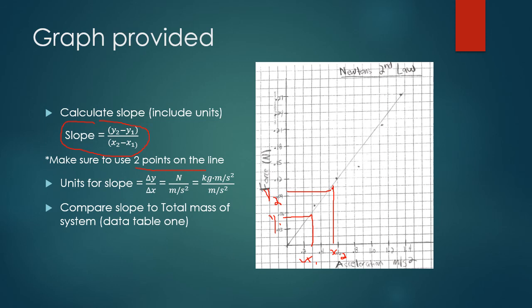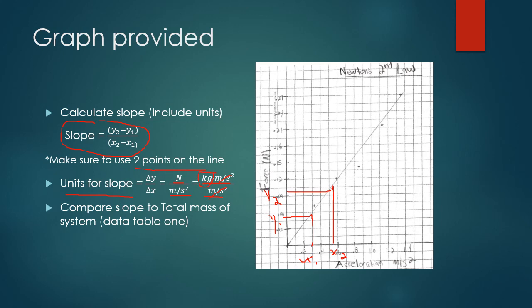As a reminder from the video, the units on the slope: the units for the y-axis, since the y-axis is force, are going to be newtons. Newtons are kilograms times meters per second squared. The units for the x-axis, since it's acceleration, are meters per second squared. So you can see, since you have meters per second squared both in the numerator and in the denominator, they cancel out, leaving you with just kilograms.